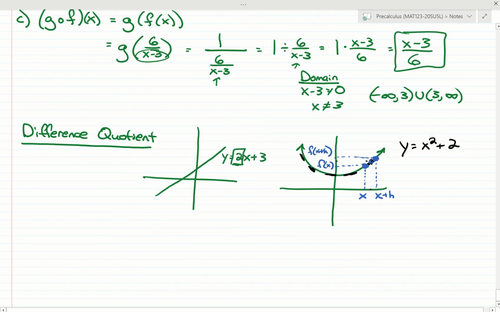So if we want to find the slope of these 2 points, the first point has the coordinates x comma f of x. The second point has the coordinates x plus h comma f of x plus h. Then the slope of the line that goes through those right here would be a difference in the y values. Subtract these two.